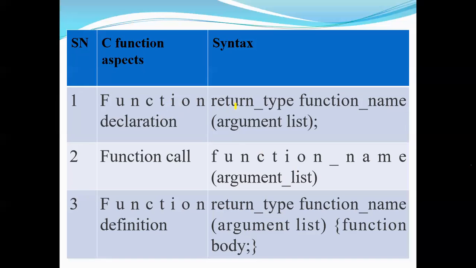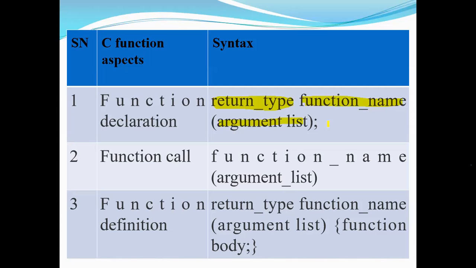In the function declaration, first is the return type, then a space, the function name, followed by open and close braces with the argument list within, and then a semicolon.